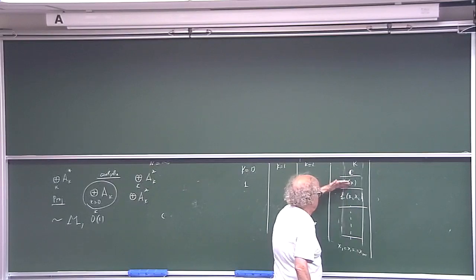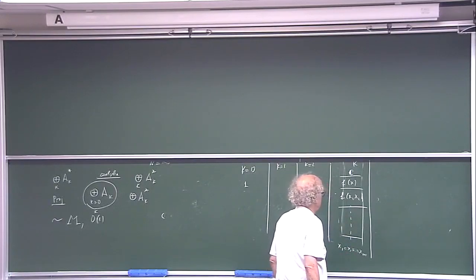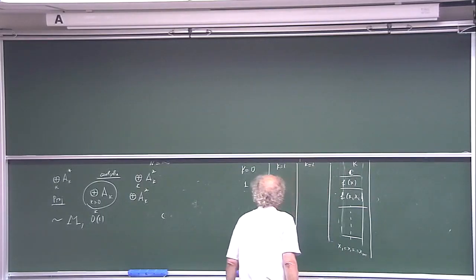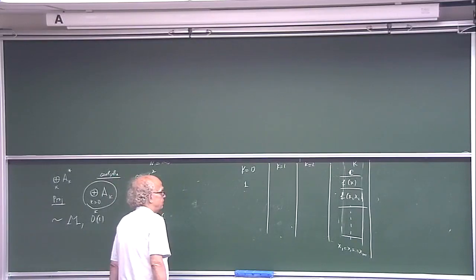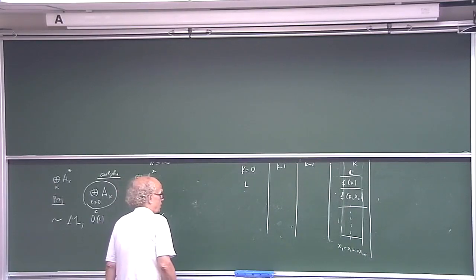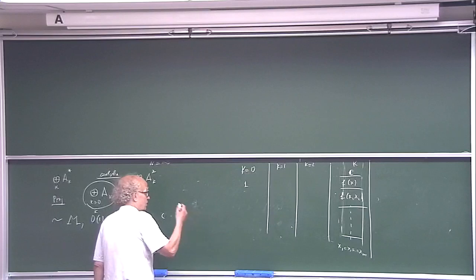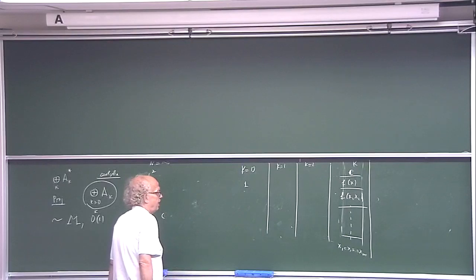It does not affect it until level k plus 1, but after that the spaces of functions become smaller because of this condition. And because of my co-multiplication and so on, I expect to have a product here.